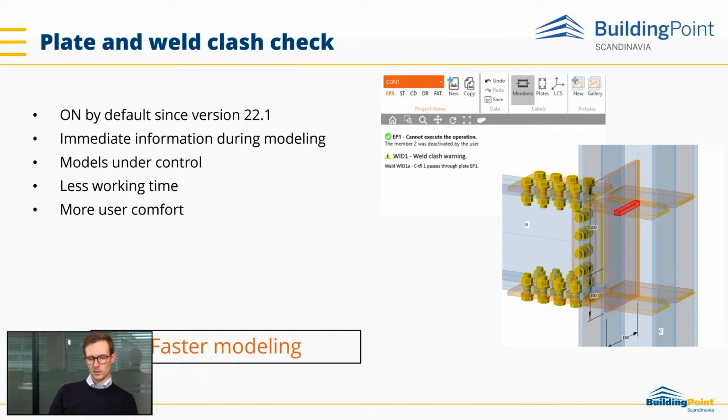So you get immediate information during modeling with these messages here. So you save time by knowing if there is a clash, and you don't have to go looking for where the error in my model is and so on. So you can save time, and it's more user comfort.